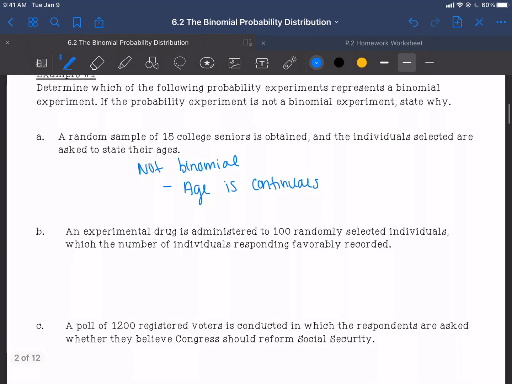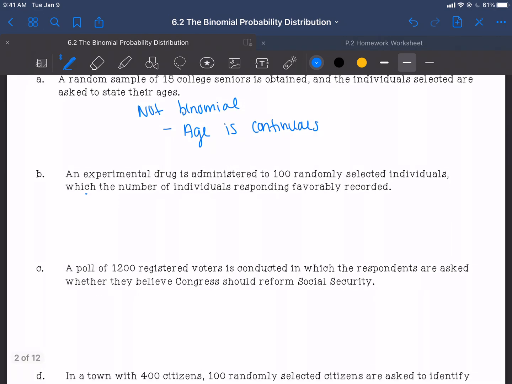For part B, an experimental drug is administered to 100 randomly selected individuals, and the number of individuals responding favorably is recorded. We don't know what responded favorably is. Maybe they're interested in whether you have high blood pressure or not. So maybe high blood pressure would be success, and not having high blood pressure would be a failure. This is done a fixed number of times.